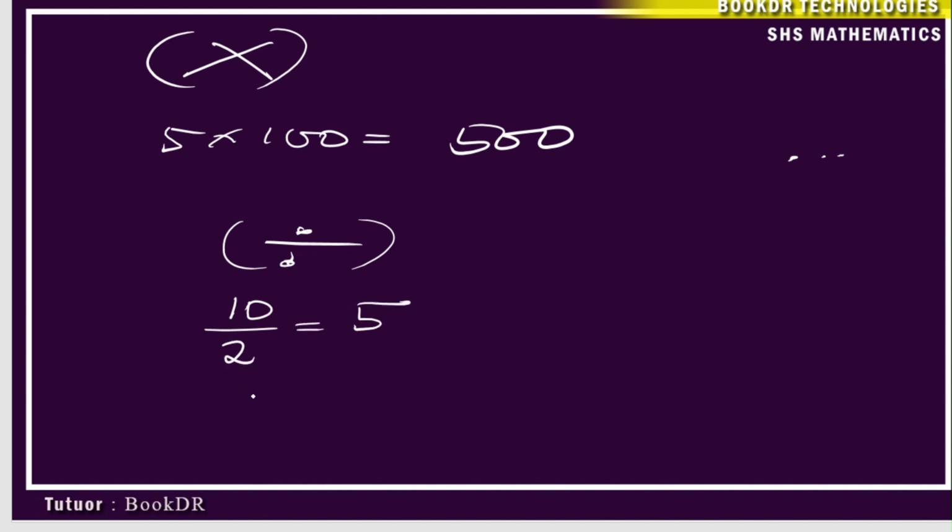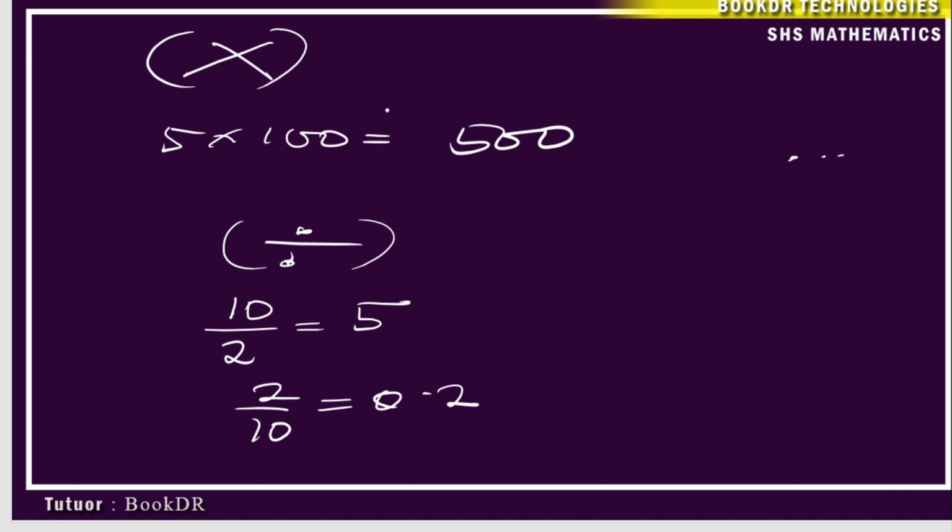If I divide 2 by 10, the answer is 0.2, which is not a whole number. So, as such, division is not closed under the set of whole numbers.